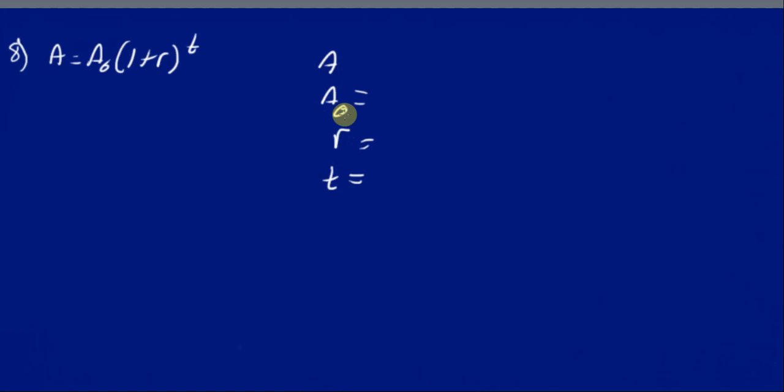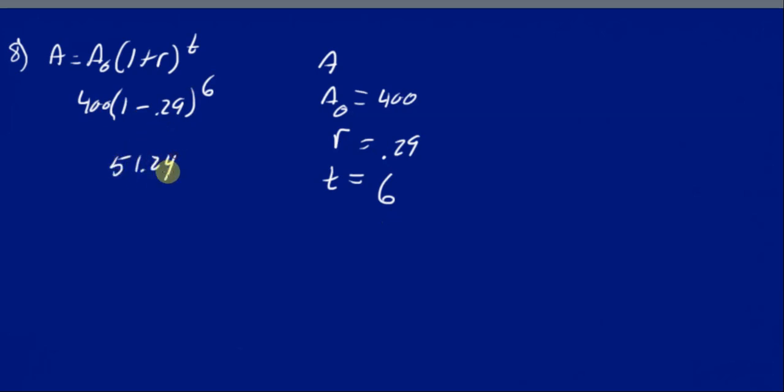We take 400 milligrams of ibuprofen, reducing at a rate of 0.29, 29%, and we want to know after 6 hours how much is left. We take 400 times 1 minus 0.29, raised to the 6th power, and that's going to be 51.24 milligrams left.